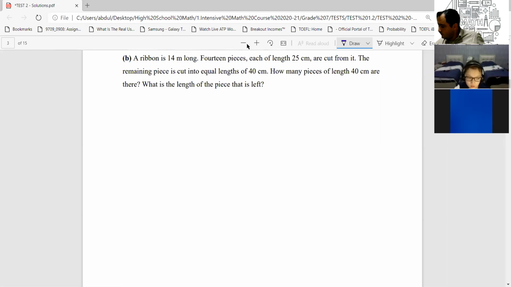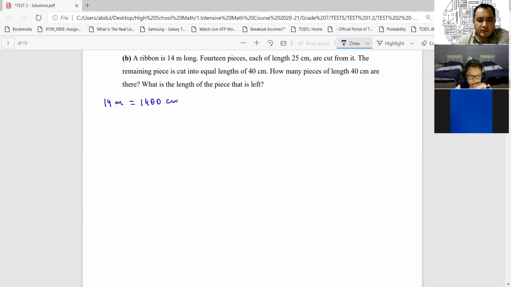Multiply by 100. All right. So we have to change this meter into centimeter first. Here 14 meters is equal to, we know that 1 meter is equal to 100 centimeters. So that's equal to 1400 centimeters.